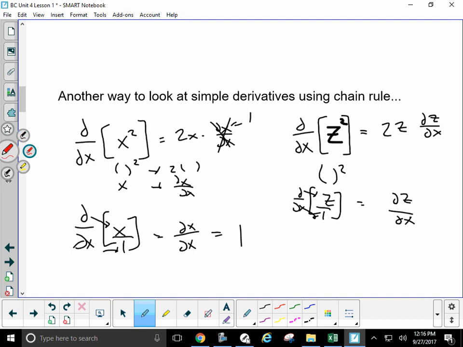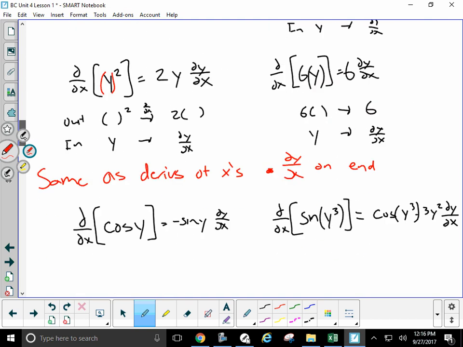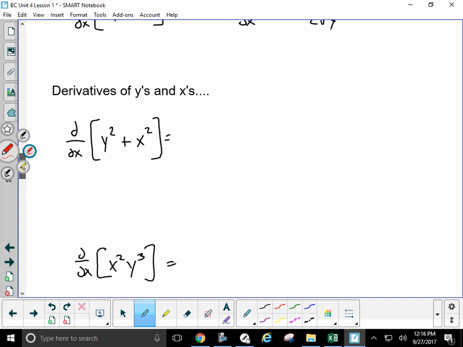We will be seeing next class that we're going to be taking the derivatives of these variables with respect to t, and we're going to have all sorts of dx dt's, dy dt's, dz dt's, dr dt's, okay? We'll see that next class. Today, just dy dt's, dy dx's that we're going to be seeing, okay?